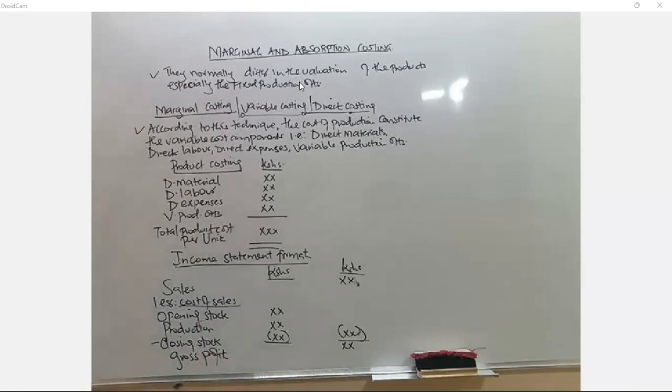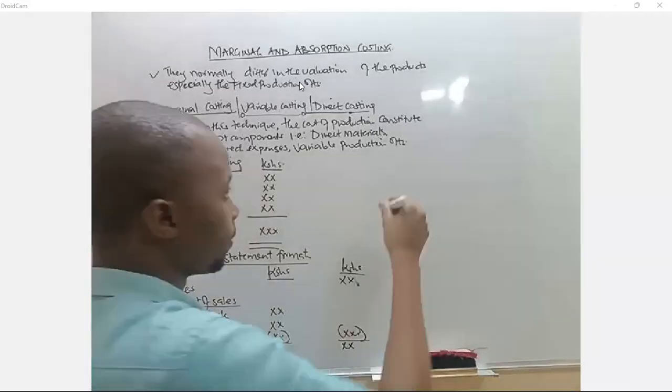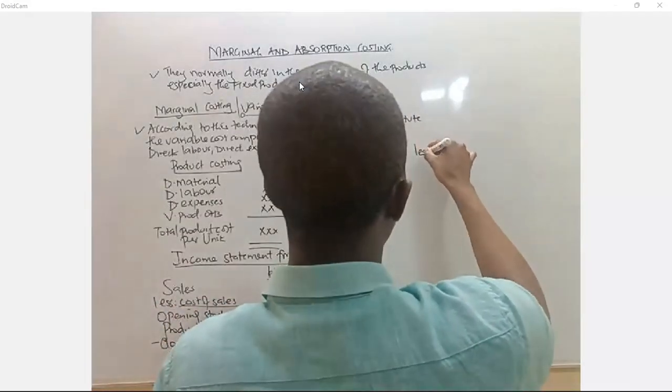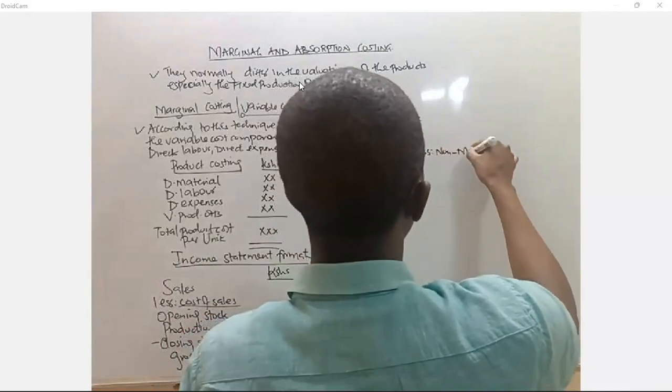After you get your gross profit, you subtract your non-manufacturing costs.